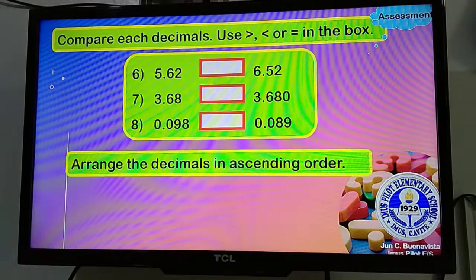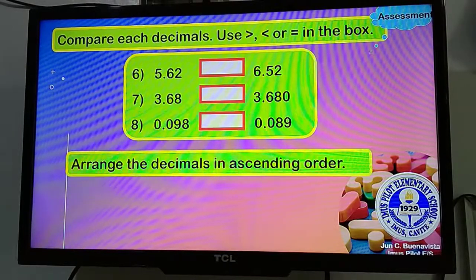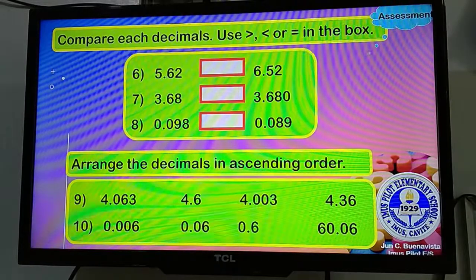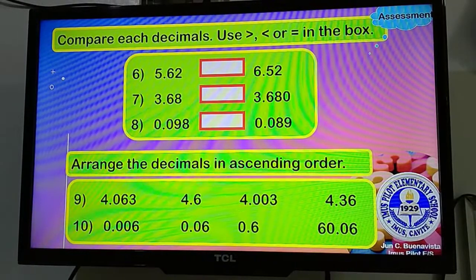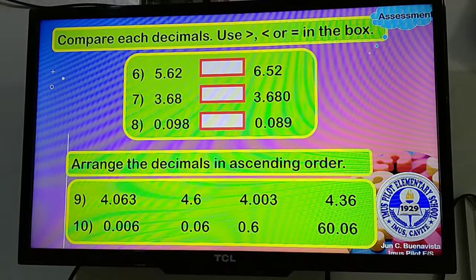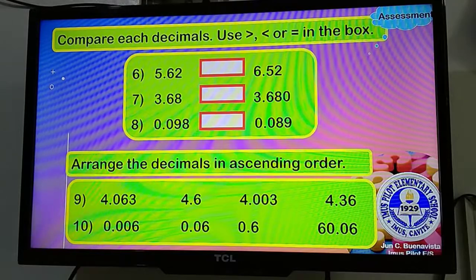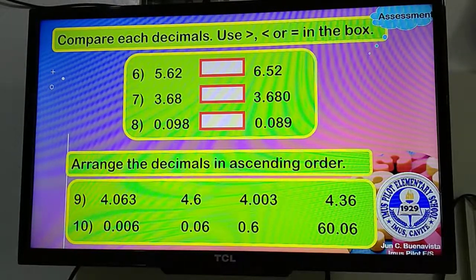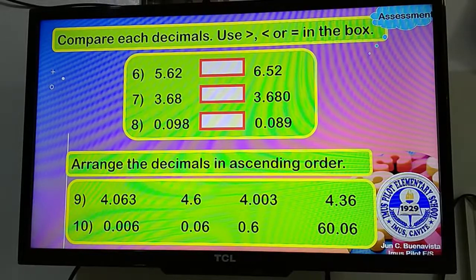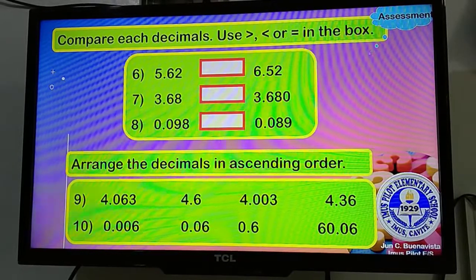Then for number 9 and number 10, you are going to arrange the decimals in ascending order. So number 9 rather, 4 and 63 thousandths, 4 and 6 tenths, 4 and 3 thousandths, and we have 4 and 36 hundredths. Then for number 10, 6 thousandths, 6 hundredths, 6 tenths, and 60 and 6 hundredths.